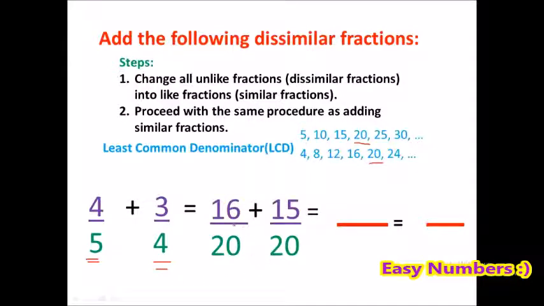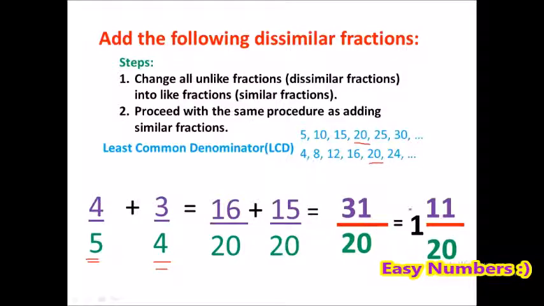Now let us add the numerator. 16 plus 15 is 31, and then copy the denominator. Now we have no simplest form for this, but a mixed number will do. So we have 1 and 11 over 20. So how did you get 1 and 11 over 20?